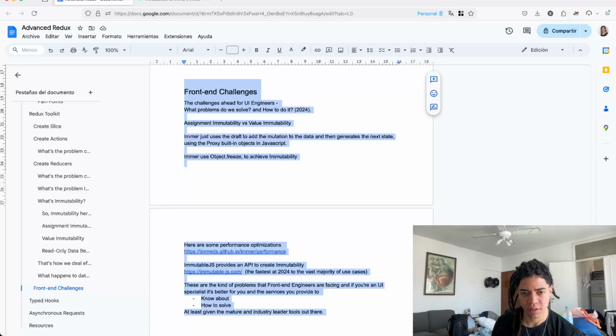Assignment immutability. Immutable and immutable data.